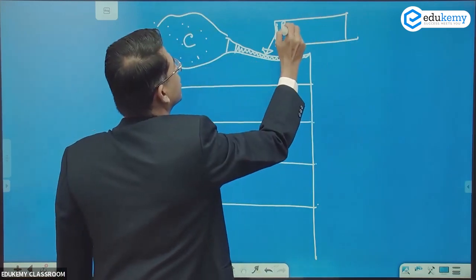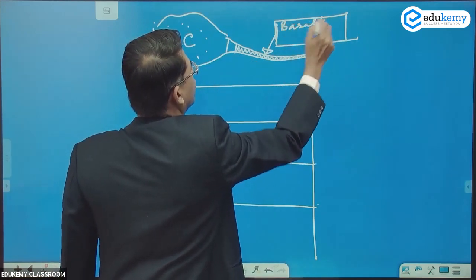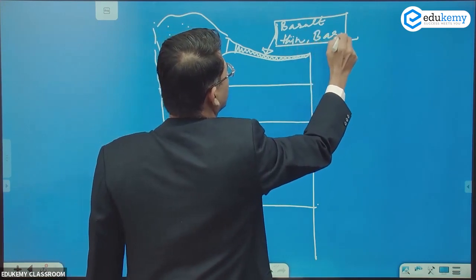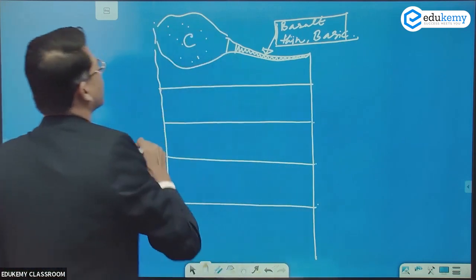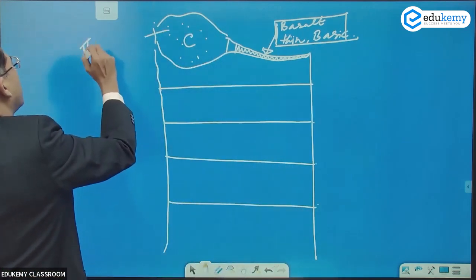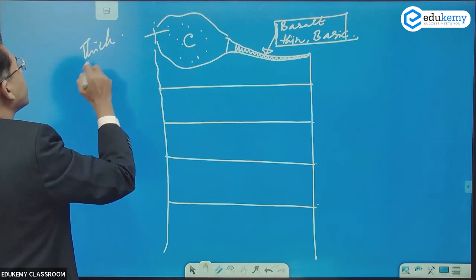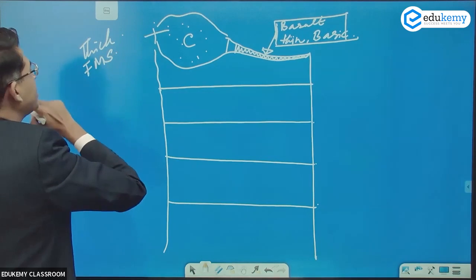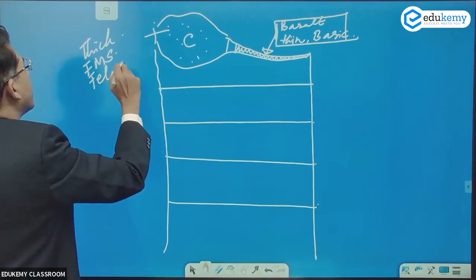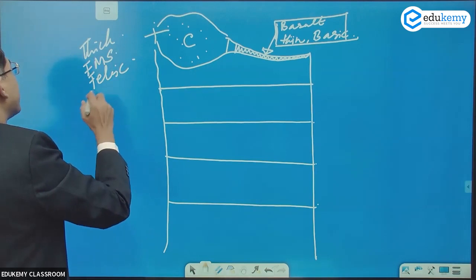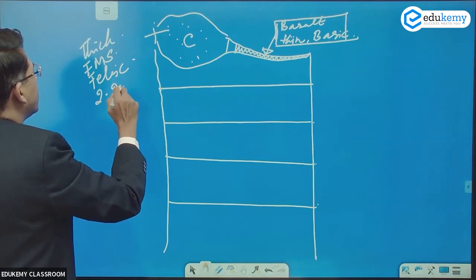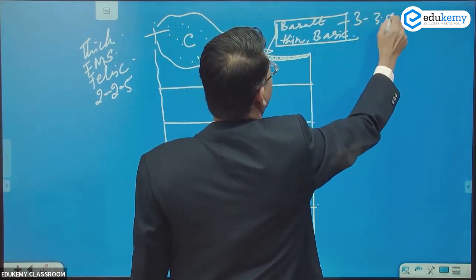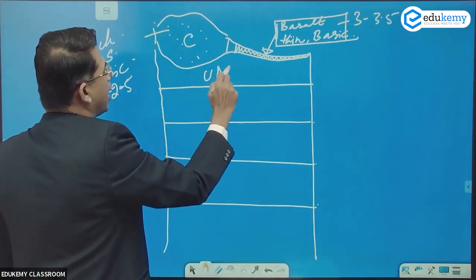Ocean is basalt. Ocean is thin. Ocean is basic. The continent is thick. The continent is largely ferromagnesium silicates. It is mostly felsic, and the density is about 2.5. Density here is 3.5. This is the upper mantle.